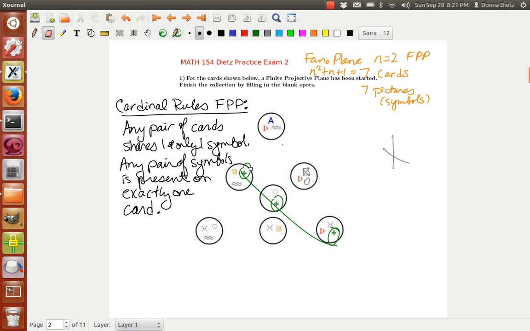We're good to go. Okay, and then top to bottom. Oh no! So we notice that every card has 3 elements except the 2 missing elements here and here. And so we have to grab the blue letter A, because why? Because we can't grab the little red P because that's part of a different line, and the squigglies are part of a different line. So we have to grab the only symbol that's left to grab.